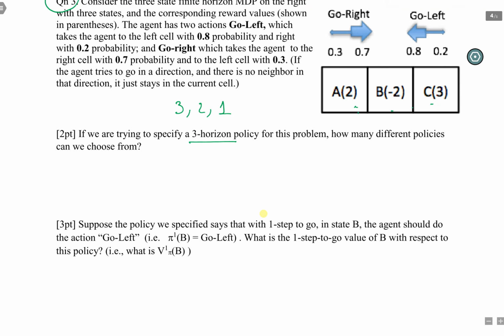The number of policies would be: in A you can either do left or right, 2 possibilities. In B you can do left or right, 2 possibilities. In C you can do left or right, 2 possibilities.